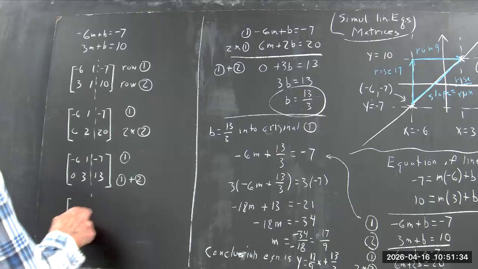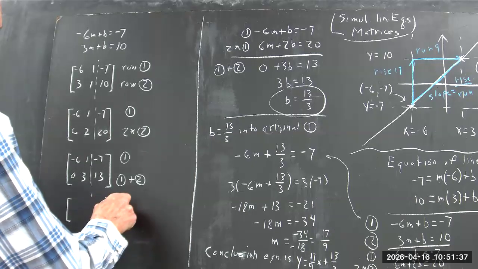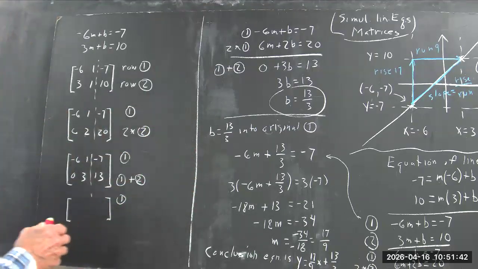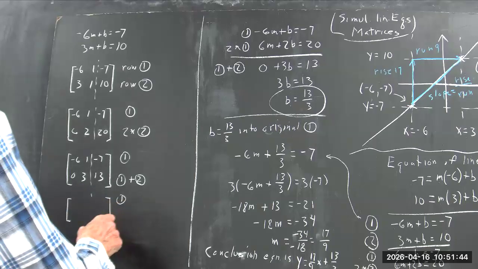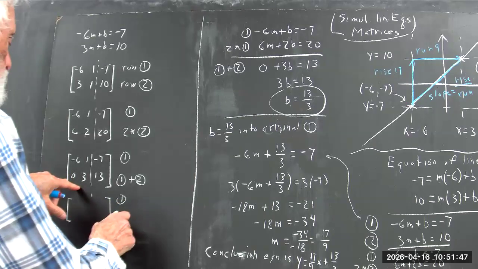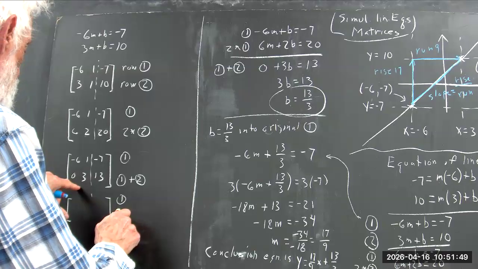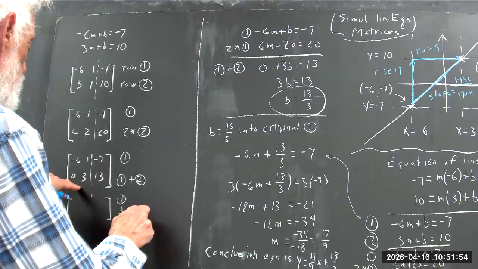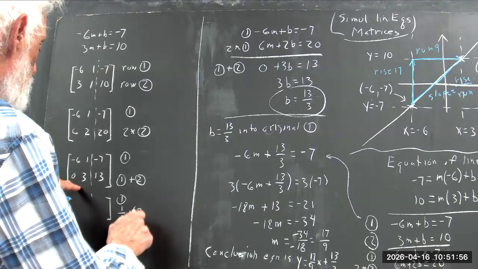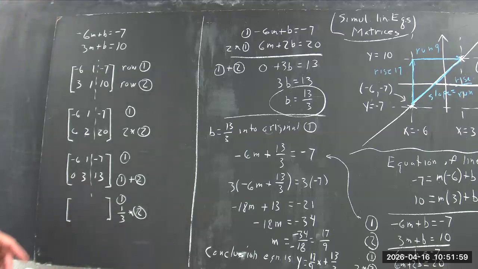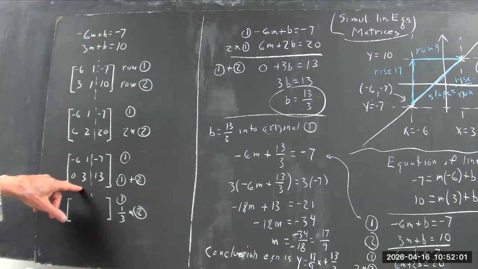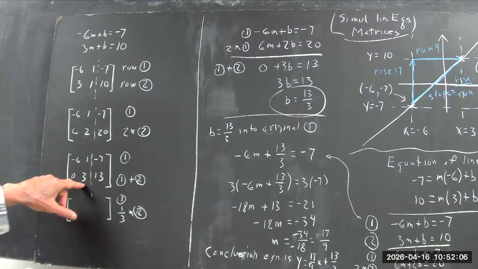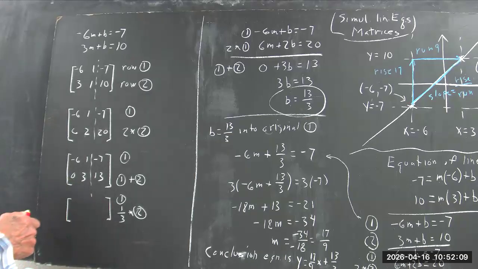Now I'm going to do another operation, which doesn't strictly correspond to anything that I did before, but it's pretty close. I'm going to multiply the second row by 1/3. The reason I do that is I want a 1 in the second row, second column.